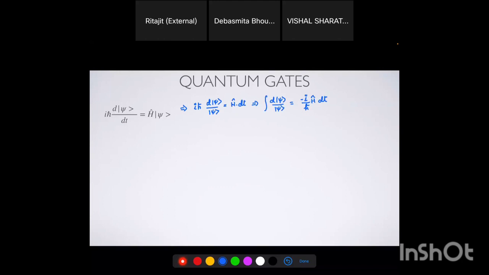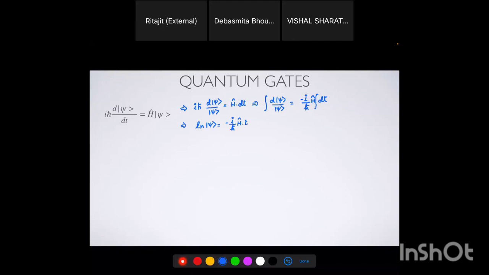If I integrate both sides, these portions are constants, so the integration will be just over this. What is the integration of d psi by psi? It will be ln psi, the natural logarithm. So ln psi is equal to minus i over h bar H times t.